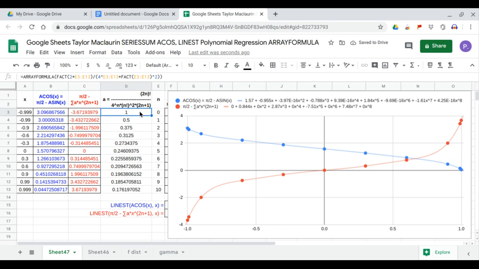So we have two parts now. Then the third part will be 2n plus 1. So times 2 times n, that's 2n plus 1.